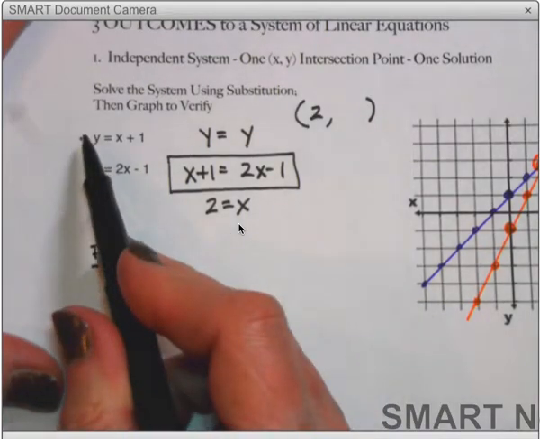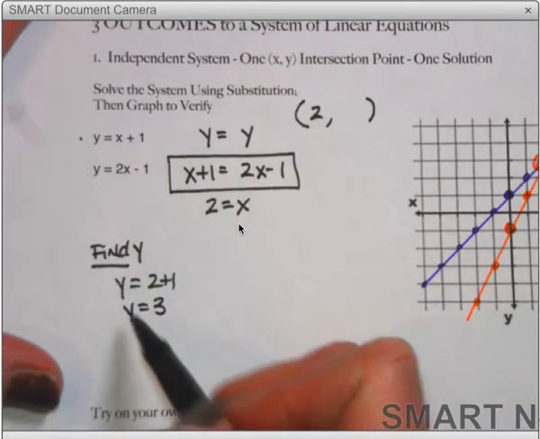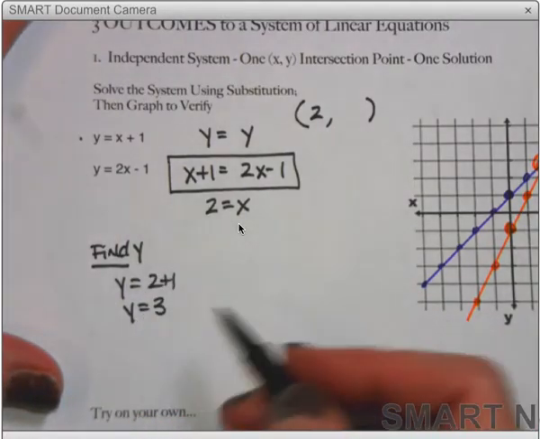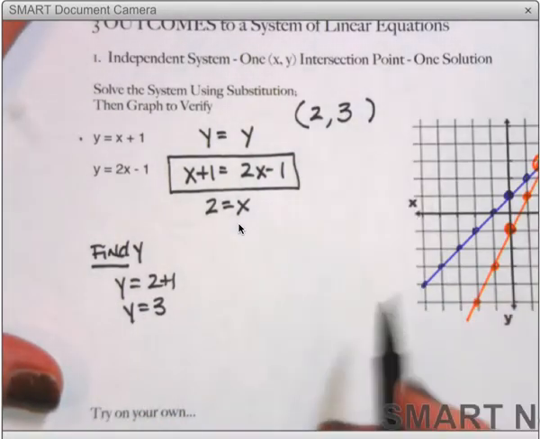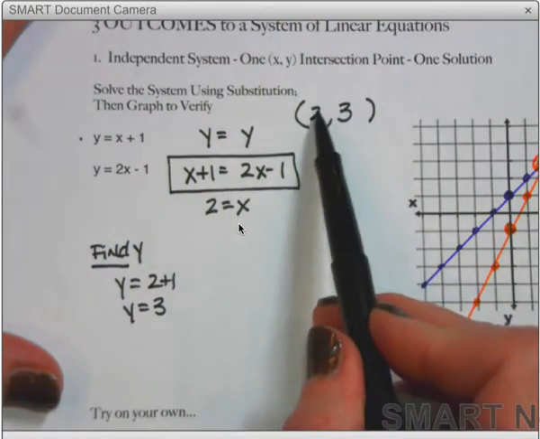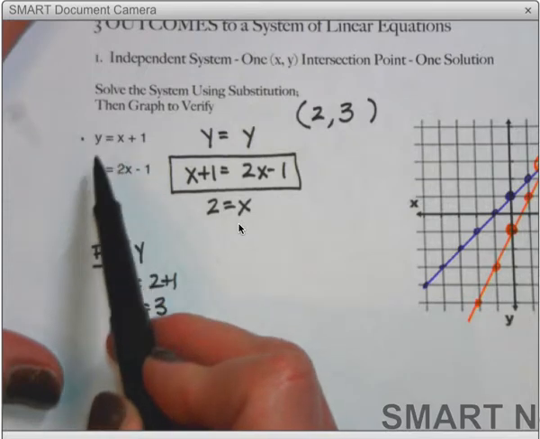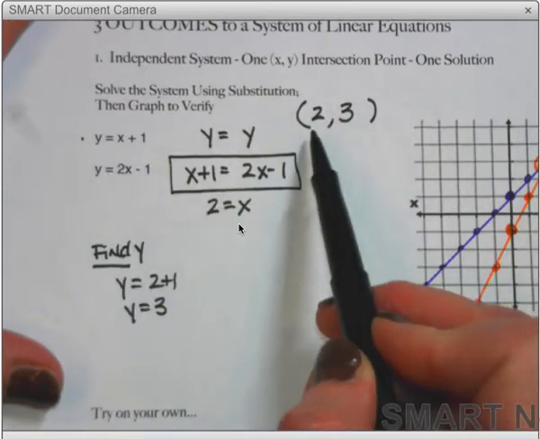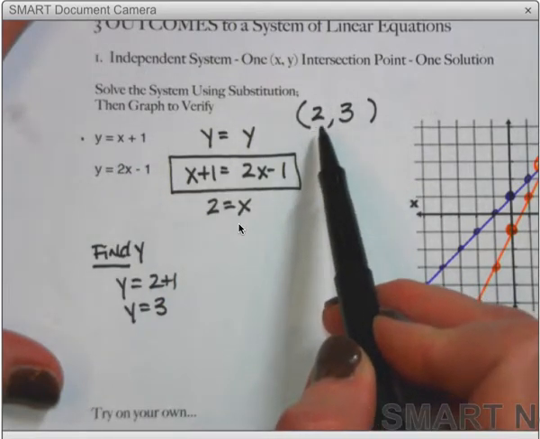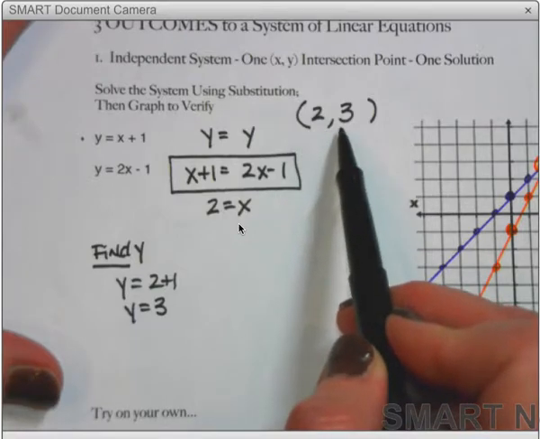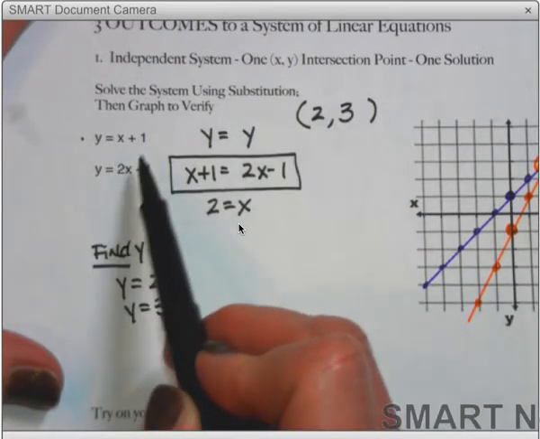It doesn't matter which equation I go into, I will get the same answer both times. So the ordered pair that satisfies this system is the xy ordered pair (2, 3). I have a two-variable system, I have two equations, and my solution is an xy ordered pair. I need both the x and the y to represent the solution for this system.